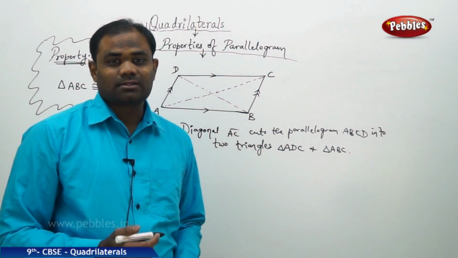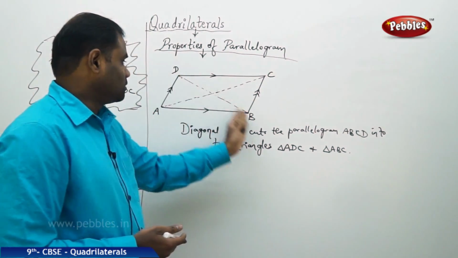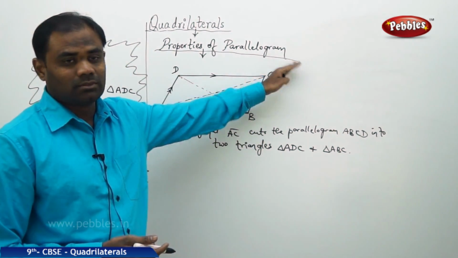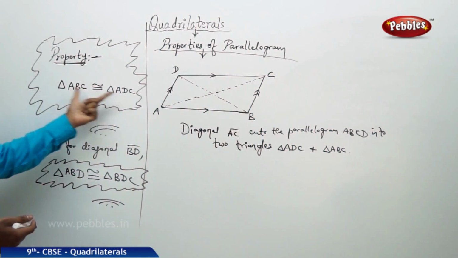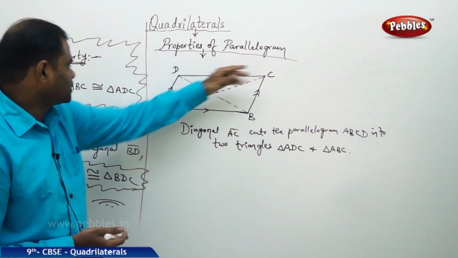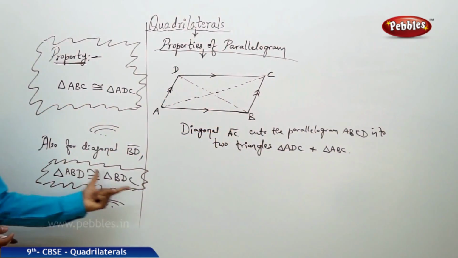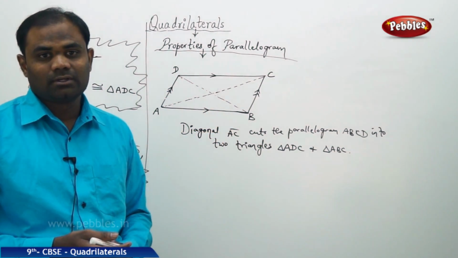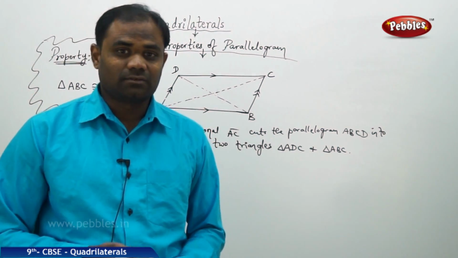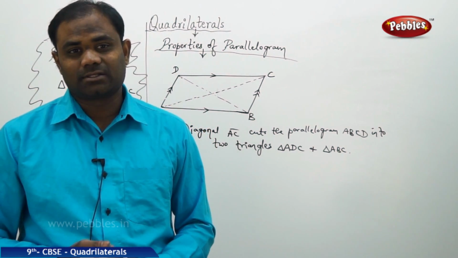There are two diagonals in a quadrilateral, diagonal 1 and diagonal 2. This diagonal makes these two triangles congruent, and this diagonal makes these two triangles congruent. The diagonal connects with the congruency of triangles.